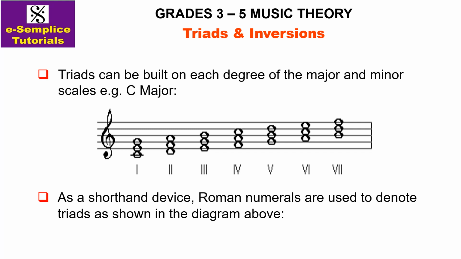Roman numerals are used to denote triads as shown in the above diagram. This is mostly for grades 4 and grade 5.